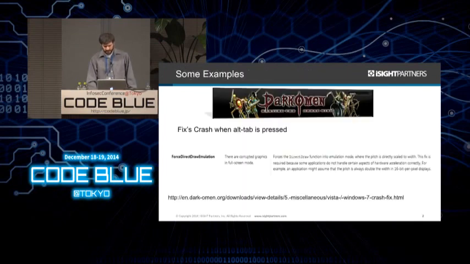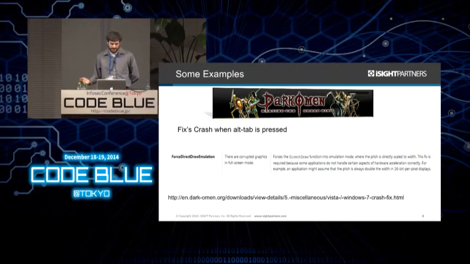Here's an example of a game I've never played before, but I came across its fix when I was doing my research. When you play this game, and I guess if it's an older game and you bring it to Windows 7 or Vista, it will crash when you perform an Alt-Tab. So either the creators of this game or a big fan of this game created a Microsoft fix-it to address this.